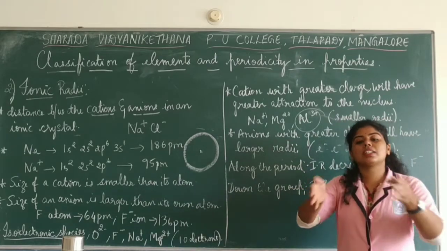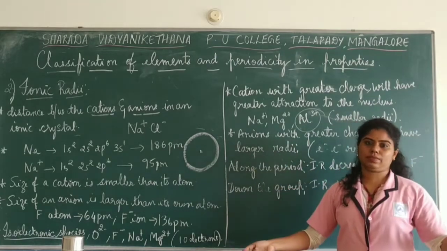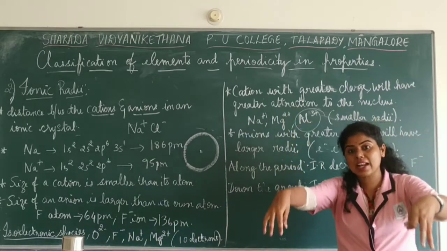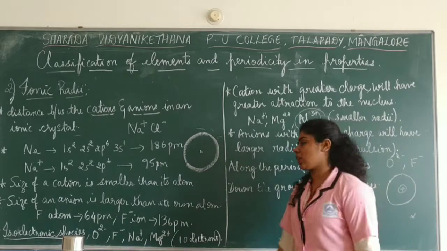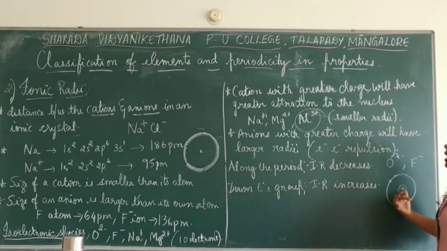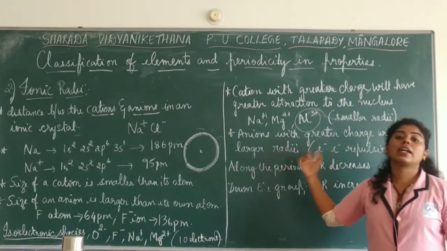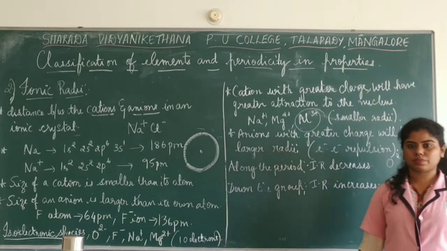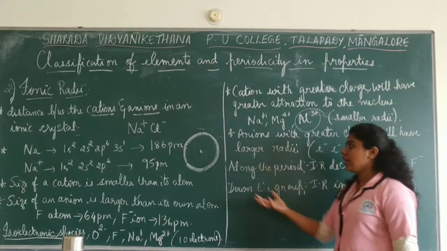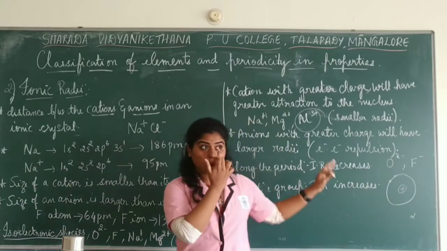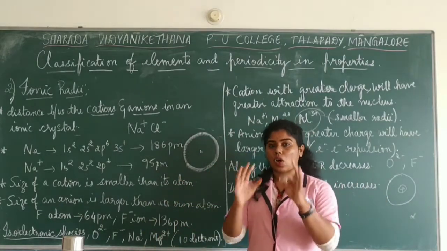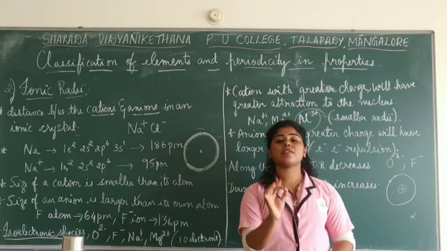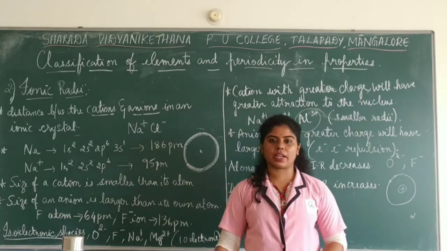So what happens to the size? It starts increasing. Whenever you add electrons to anions, the extra electrons cause electron-electron repulsion, and that's why they have a greater ionic radius. Remember this. Generally, when we talk about ionic radii, they follow the same trend as atomic radii.